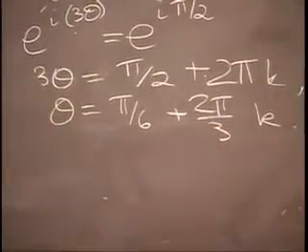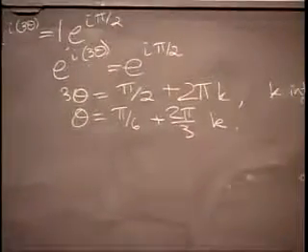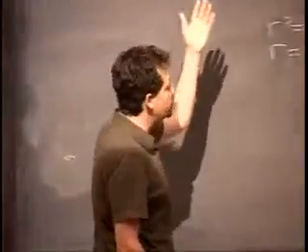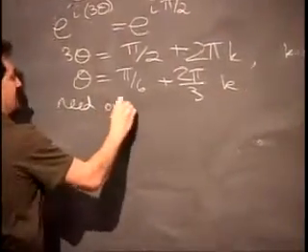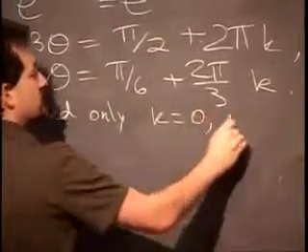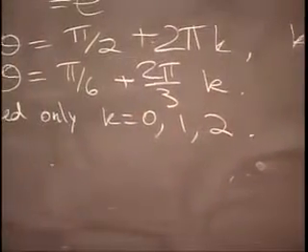Now what k's do we need here? How many different k's do we need? 3, because we start off with a cubic. z cubed is i. So we only need k equals 0, 1, 2. Those are the only 3 values that we need.